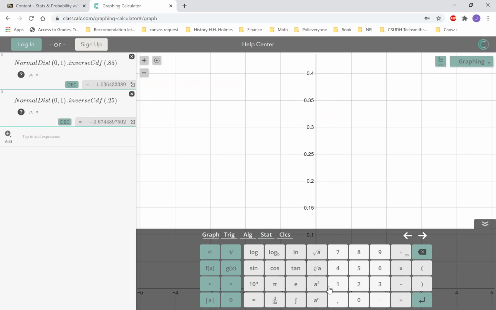And if you look at it, it gave us our answer. Z is equal to negative 0.674. And that's it for the second problem. Any question in regard to that second problem? No. Okay.